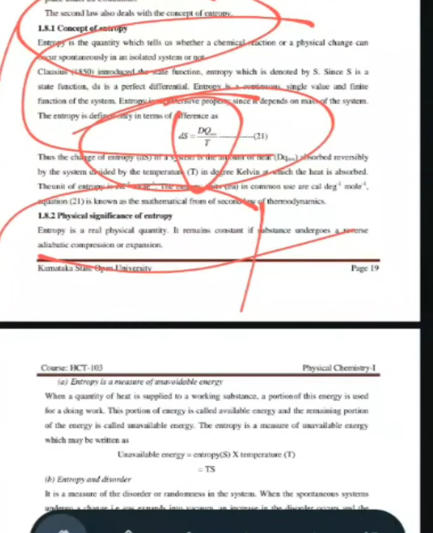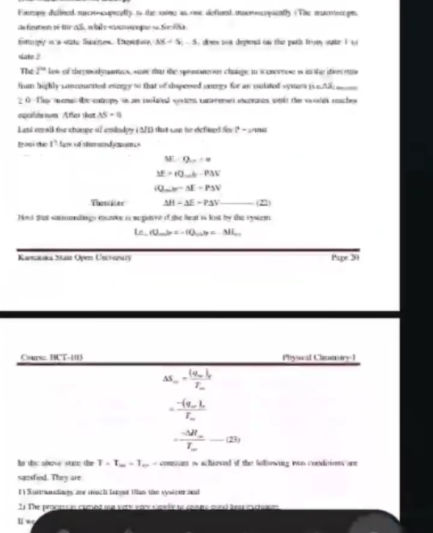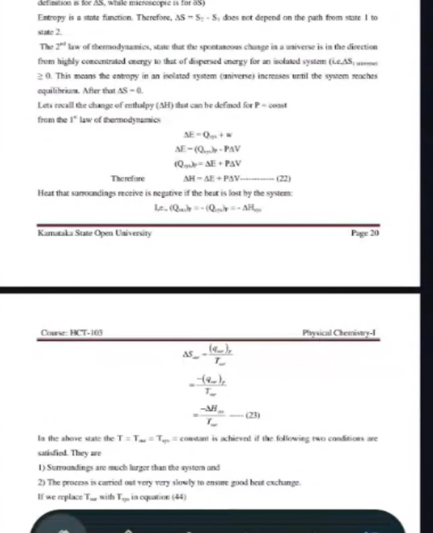Next, salient features of entropy. What are the salient features of entropy? Entropy defined microscopically is the same as one defined in the macroscopic form. So entropy is a state function. It is also a state variable, meaning it can be varied.